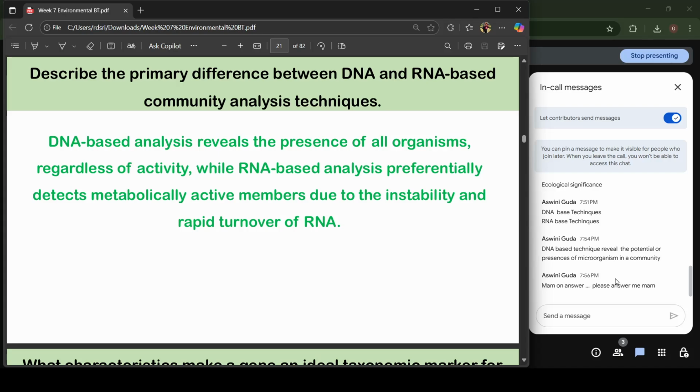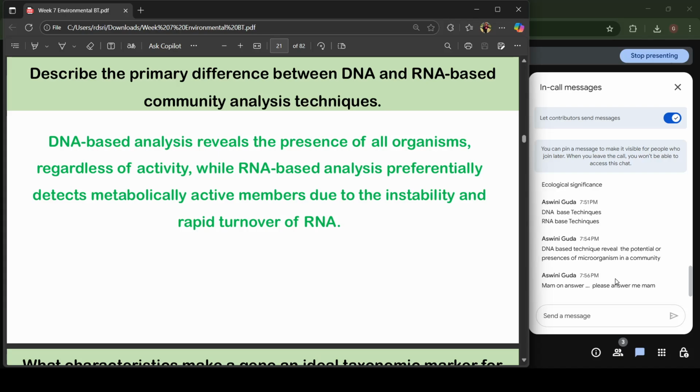Whereas in RNA based analysis, only when a gene is expressed do we get an RNA. If RNA is produced, it means the protein is going to be produced, and then it's going to be functional.